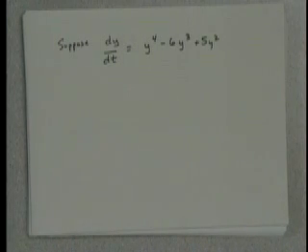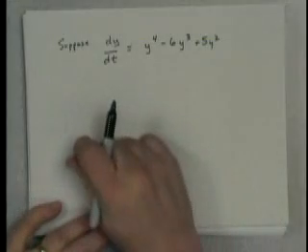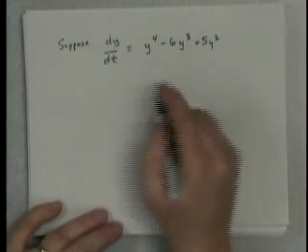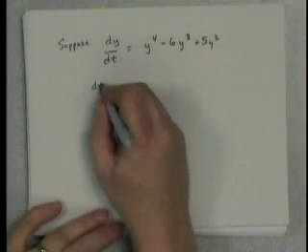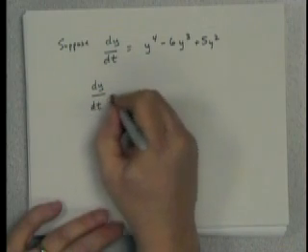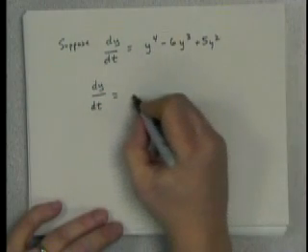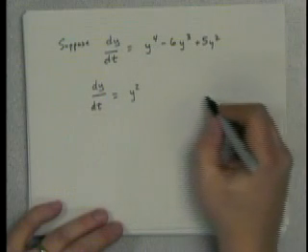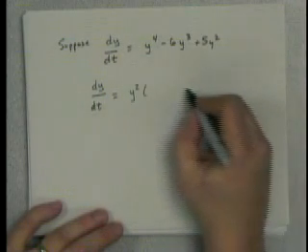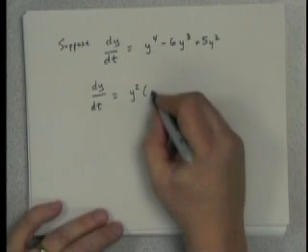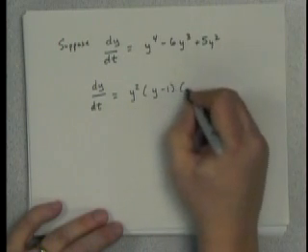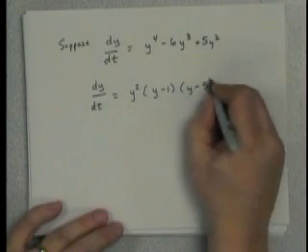This one's quite a bit more complicated than the one we had before. But I want to factor the right-hand side here. So I can take a y squared out of everything. And I can also factor it into y minus 1 times y minus 5.